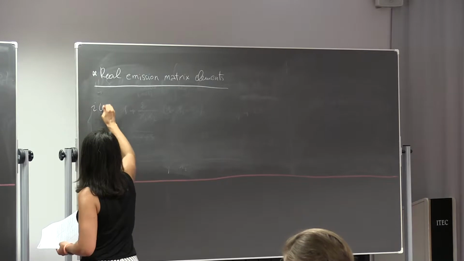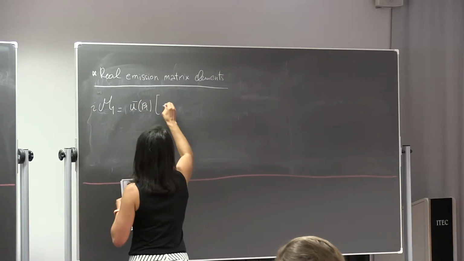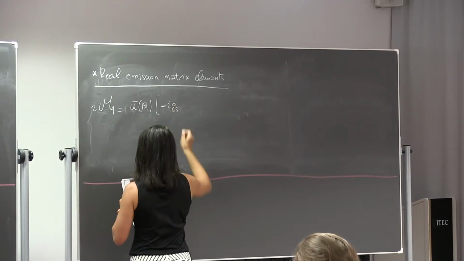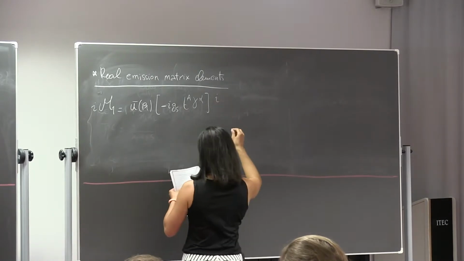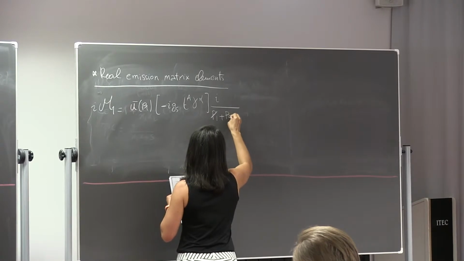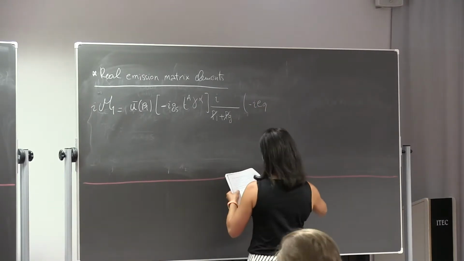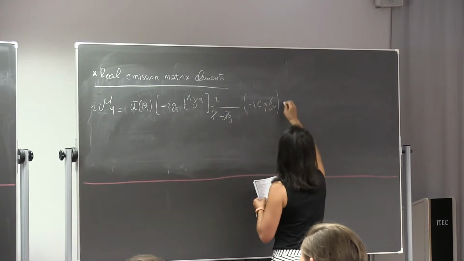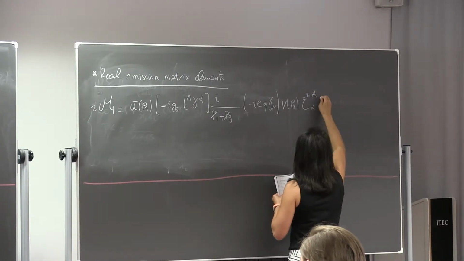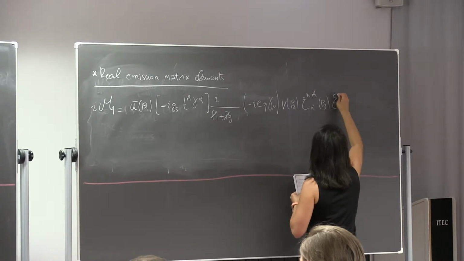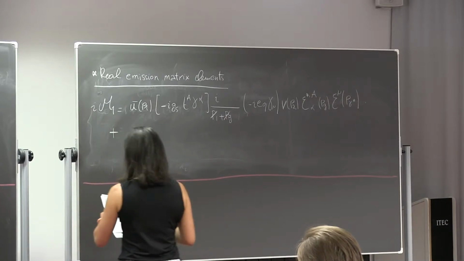We have two diagrams, so we have the sum of two terms. iM1 is going to be u bar of p1 ... So this is my first term plus the second term.